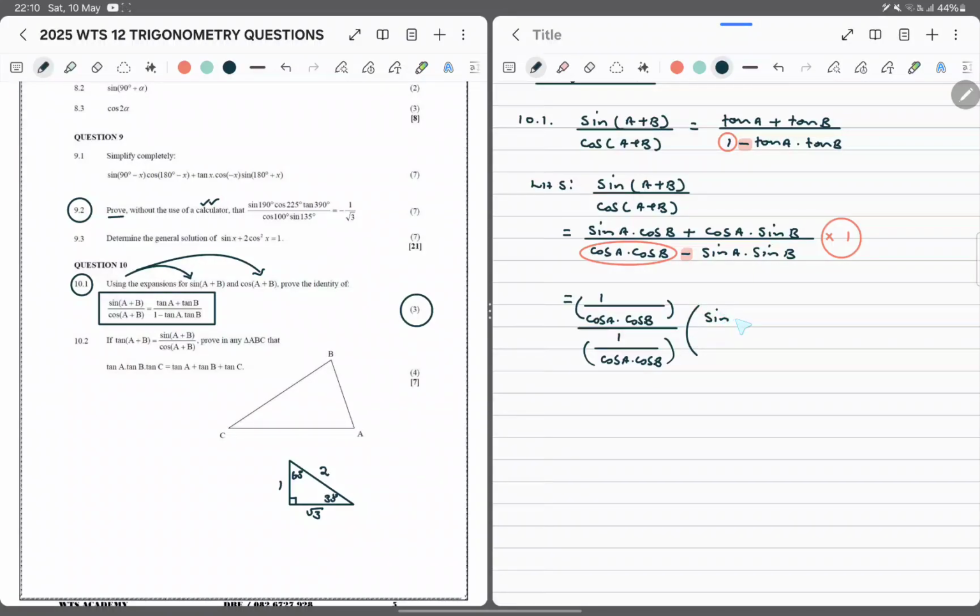So this is sine A cos B plus cos A sine B, all divided by cos A cos B minus sine A sine B.